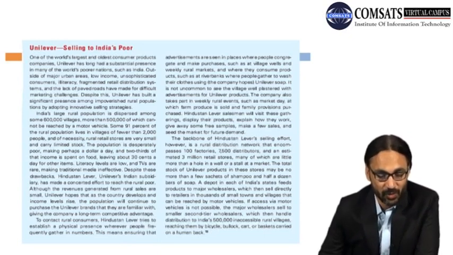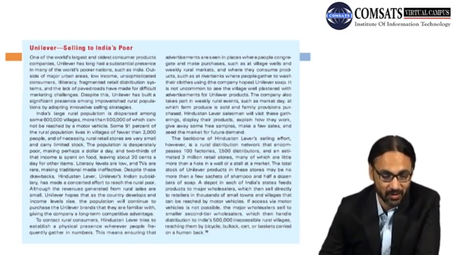India's large rural population is dispersed among some 600,000 villages, more than 500,000 of which cannot be reached by a motor vehicle. Some 91%, this is really surprising and astonishing feature of the Indian villages.